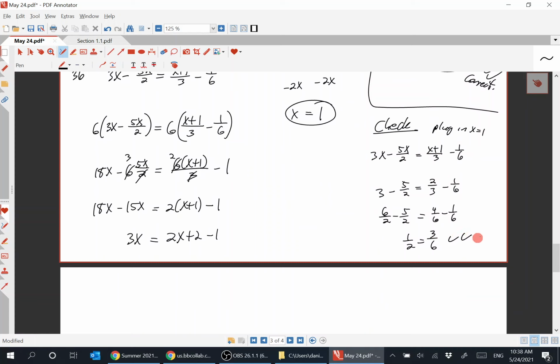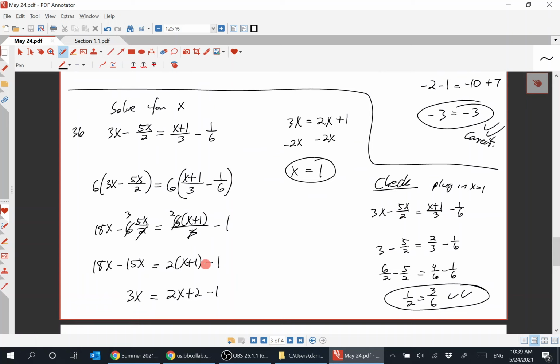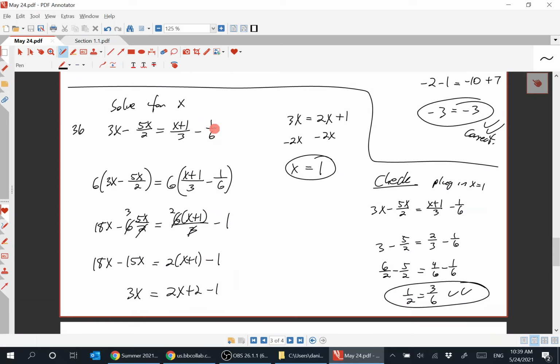So we'll just leave it at that. We have to get an equality in our check. If you don't, it means there was a mistake in the check or in the original solution. And when you check, you have to check with the original equation. What I did is instead of putting the 1/6 here, I put a negative 1. So of course that threw the answer off.